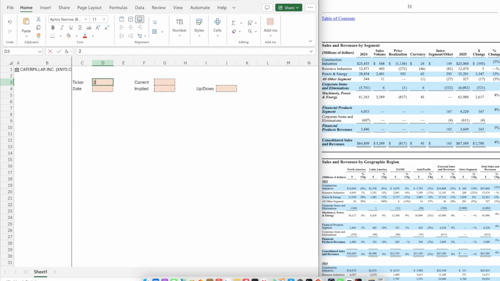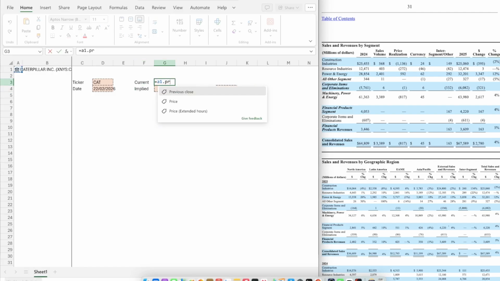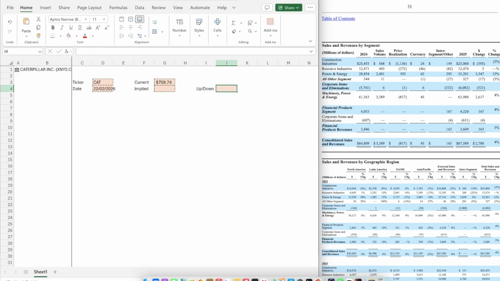The date today is the 22nd of February, 2026. The ticker equals A1.ticker symbol. The current price equals A1.price. And the implied price and the upside/downside we leave for now, because once we know what our valuation is, we can insert that.